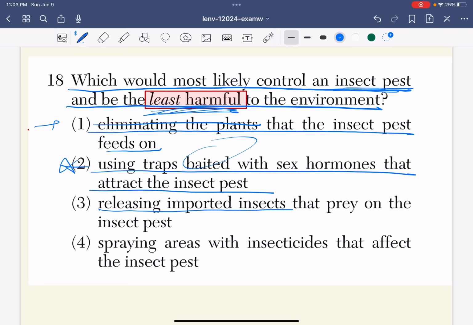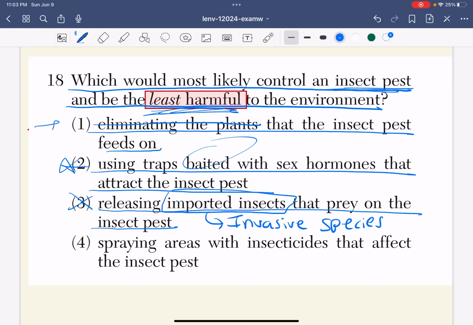Releasing imported insects that prey on the insect pests is not good. Imported insects, this is what's called invasive species. Excuse me? You cannot take an organism that does not belong in that ecosystem and introduce it into a new ecosystem. It can destroy the food web and food chain.